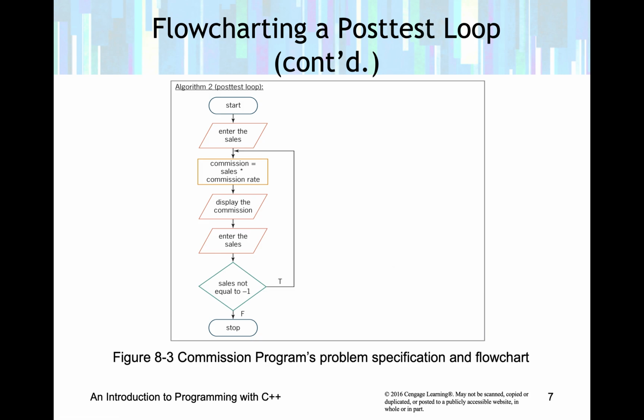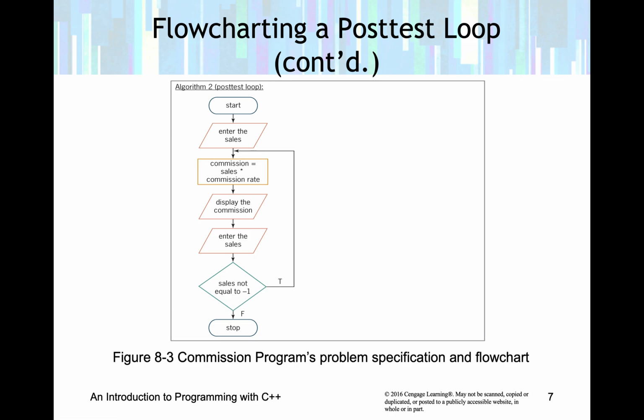Here is how we would do the same thing, except we would do it with a post-test loop. So with the post-test loop, we ask the user to enter the sales amount. We don't check anything, we just go right in and we calculate the commission rate, display the commission, ask again for the sales amount, and then check to see if they've entered a -1.